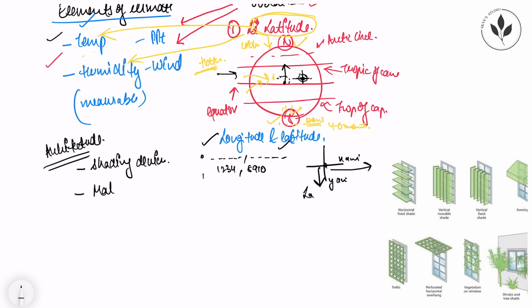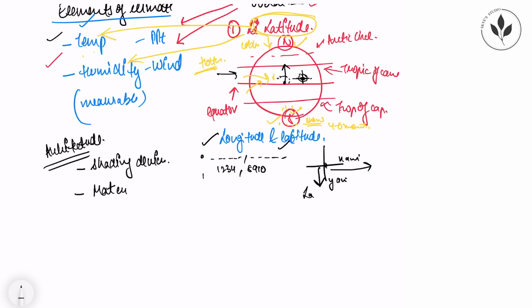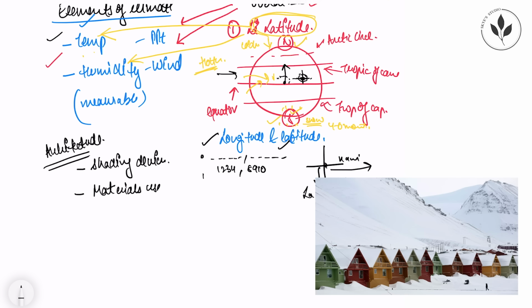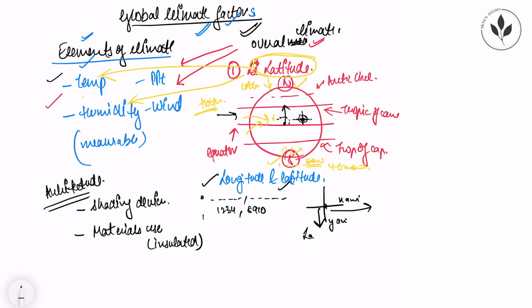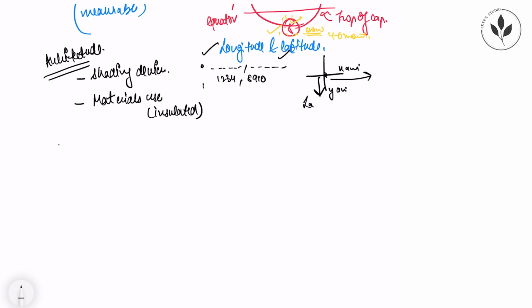And in the northern regions, at the North Pole or South Pole, the materials that you use should be insulated materials, so that the warm air could be kept inside, so as to keep your room or space warmer. So this is one of the factors that is affecting the elements of climate directly.